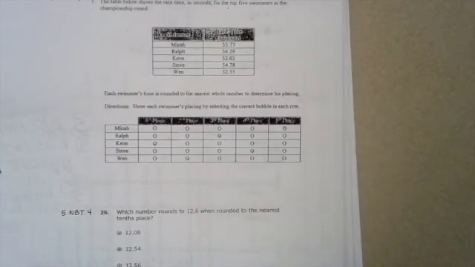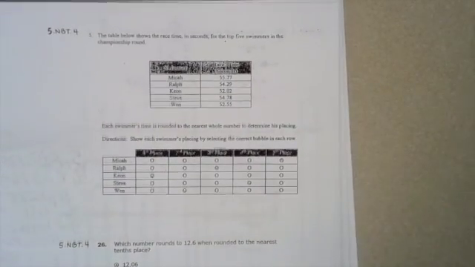Number 5, the table below shows the race times in seconds for the top 5 swimmers in the championship round. Each swimmer's time is rounded to the nearest whole number to determine his placing. Show each swimmer's place by selecting the correct bubble in each row. A couple of things we need to know.